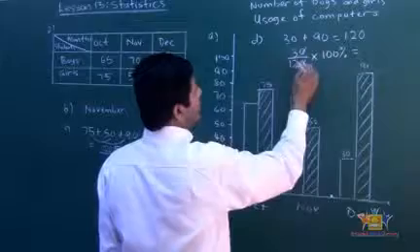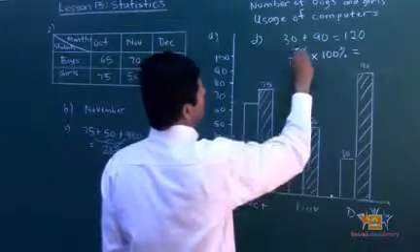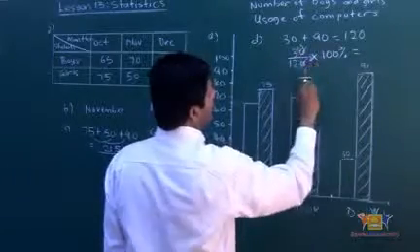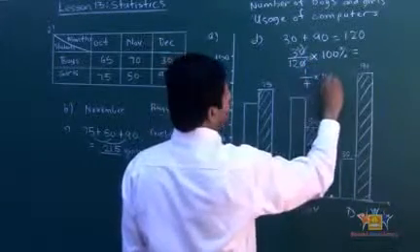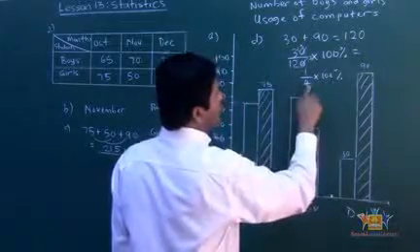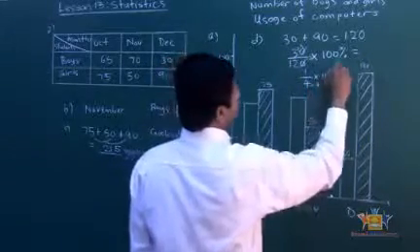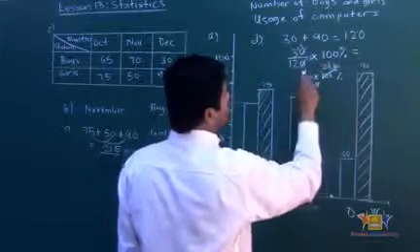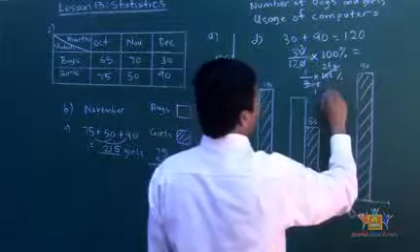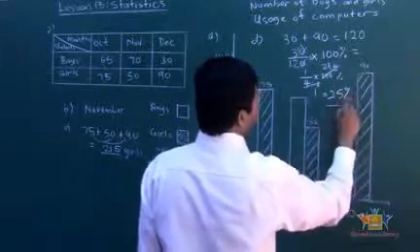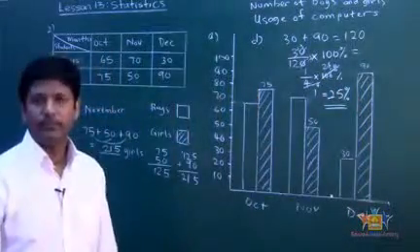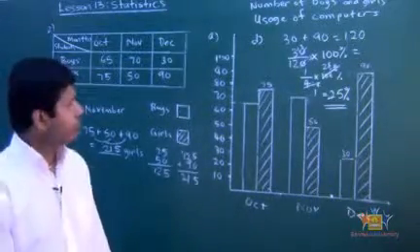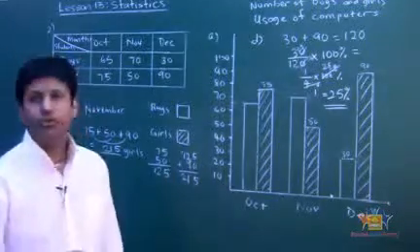So 3 over 12: this can be divided by 3, this can be divided by 3, which gives 1 over 4 times 100%. Then you can divide 4 by 4, and 100 by 4, so this becomes 1 and this becomes 25. So 1 times 25% is 25%.